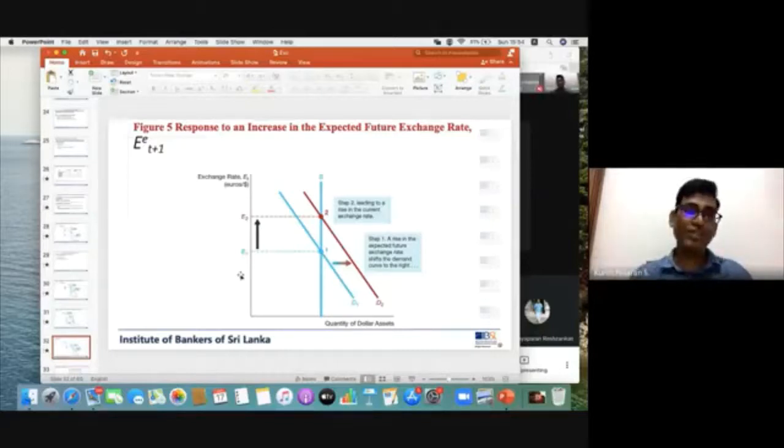We always give the notation for expectation as T plus 1, or if there are 5 periods, T plus 5. T minus something is the past, T is today, T plus is in the future. So what happens in response to an increase in the expected future exchange rate?